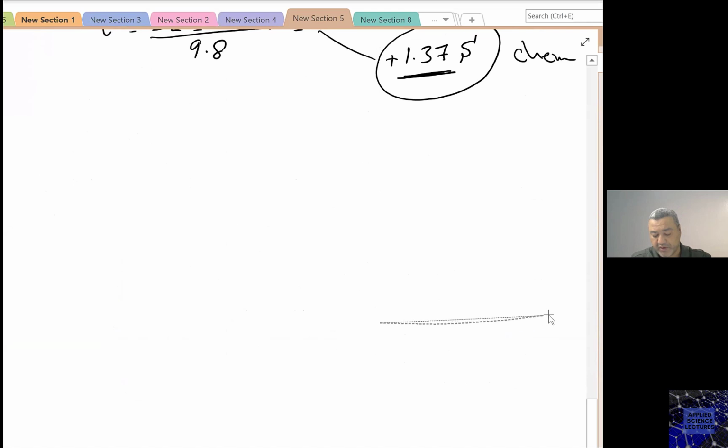So if this is my ground, and this is the window here, this is my reference point. The initial velocity is pointing up.